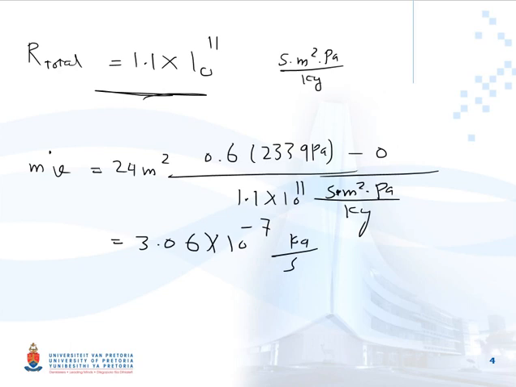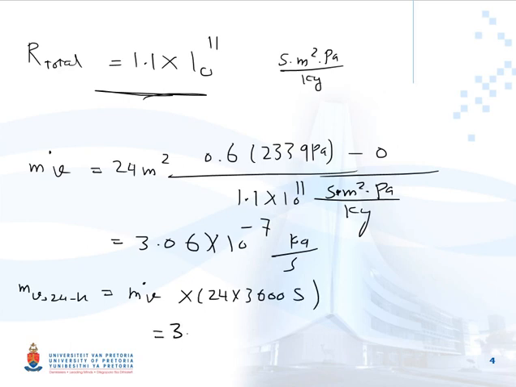The total amount of moisture that flows through the wall during a 24 hours period, as we mentioned last session, is m dot multiplied by 24 hours.